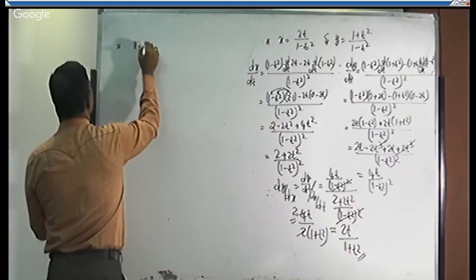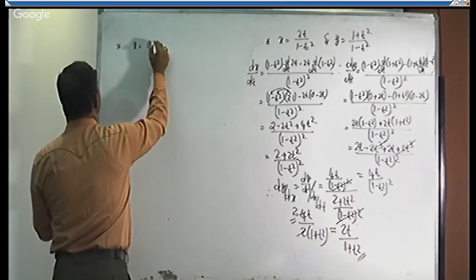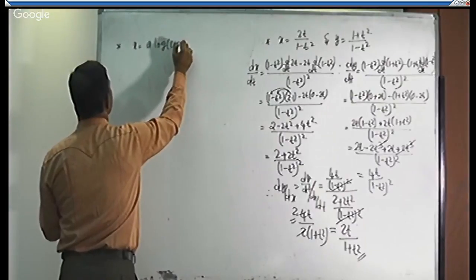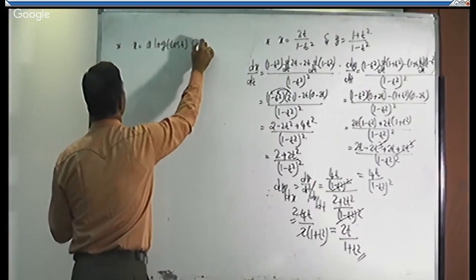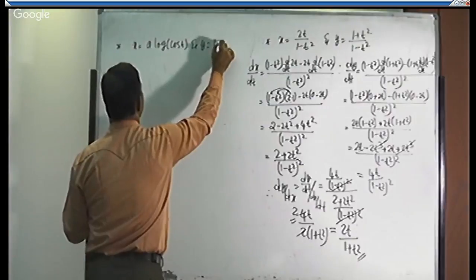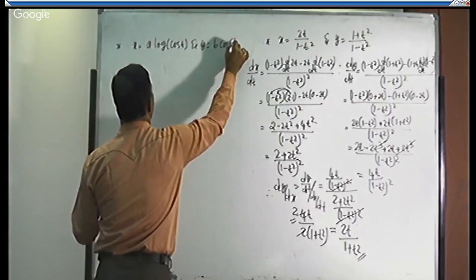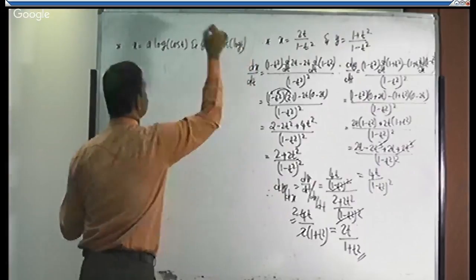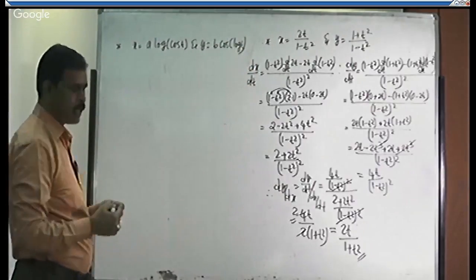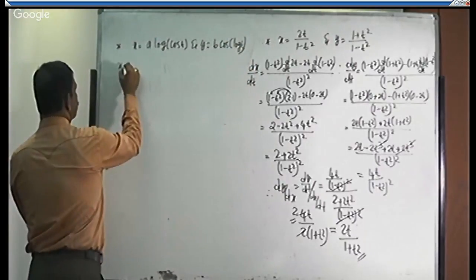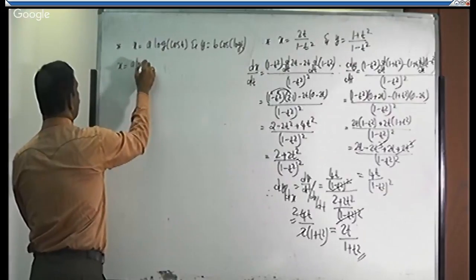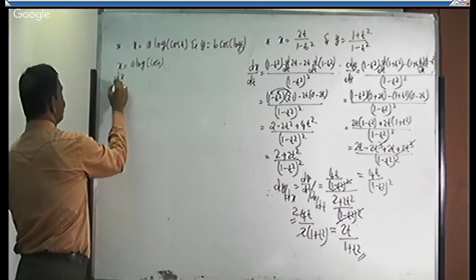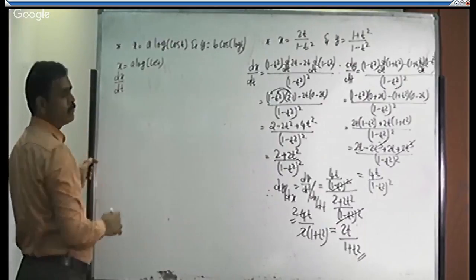x is equal to a into log of cos t, and y is equal to b into cos of log t. They may give any functions, right? Take x equal to a into log of cos t, differentiate it, dx by dt.